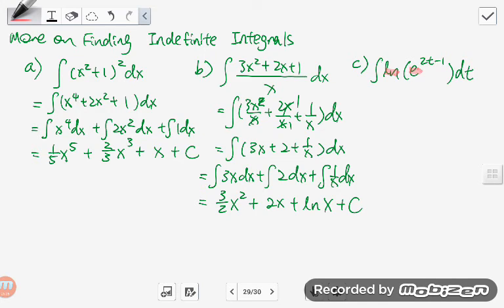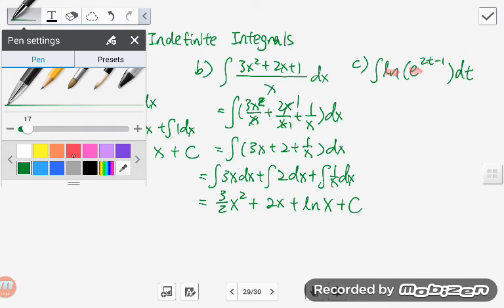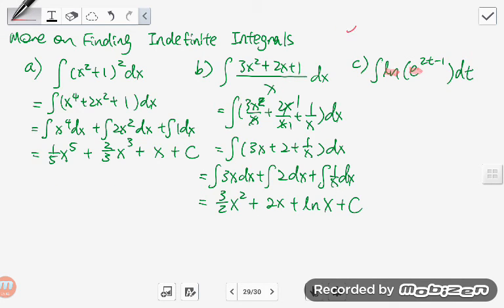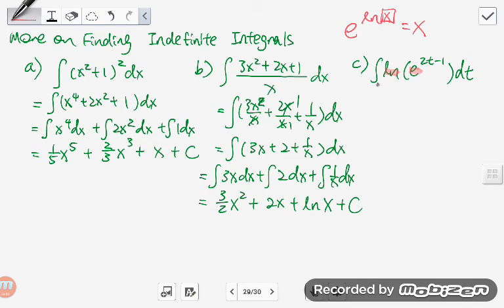If I have something like e to the power of ln x, what does that become? Since they are inverses of each other, I will always get whatever is up there, right? So if I have e to the power of 2t minus 1 inside the ln function, they cancel each other out, and I will be left with only 2t minus 1.